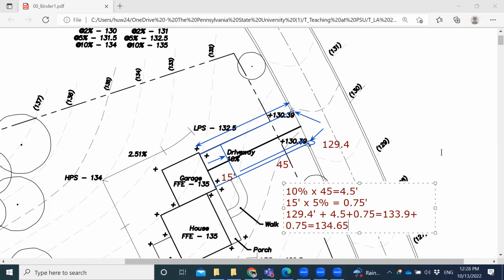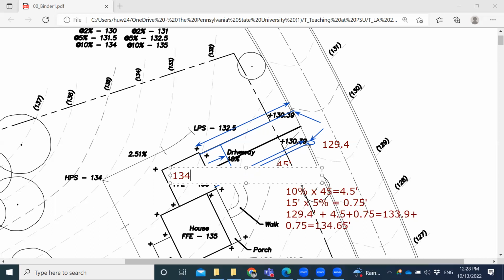Basically that means if your driveway is about the length, not significantly shorter than what I have here, and your garage is 134.5, that's a reasonable elevation. Does that help?